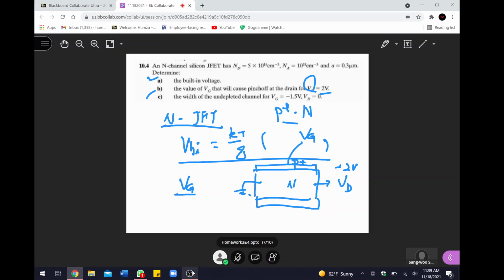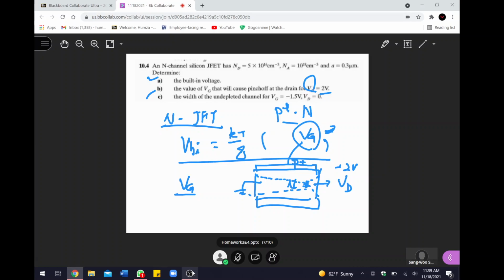Between the gate and drain you apply a reverse bias; in other words, in the gate you apply a more negative voltage to change the depletion region. As you apply the reverse bias, the depletion region changes, and at some point the depletion regions touch each other. That point is where you have pinch off.